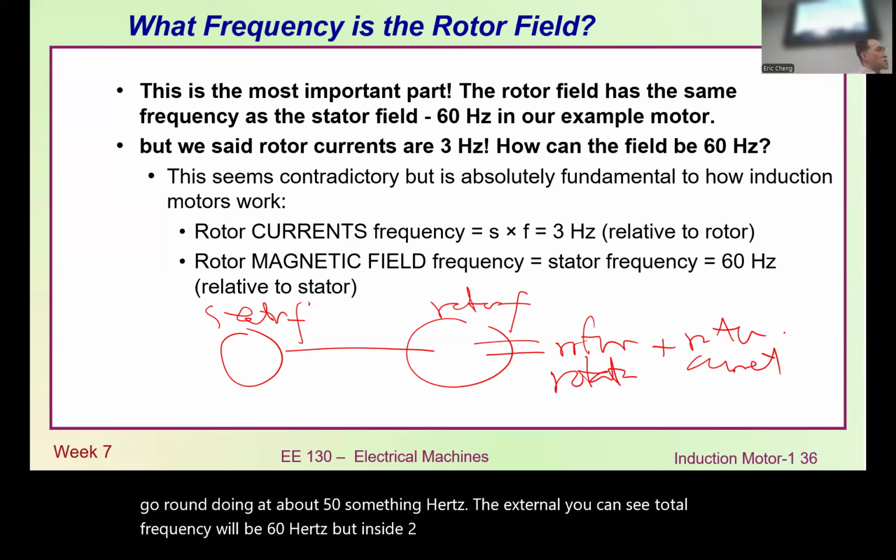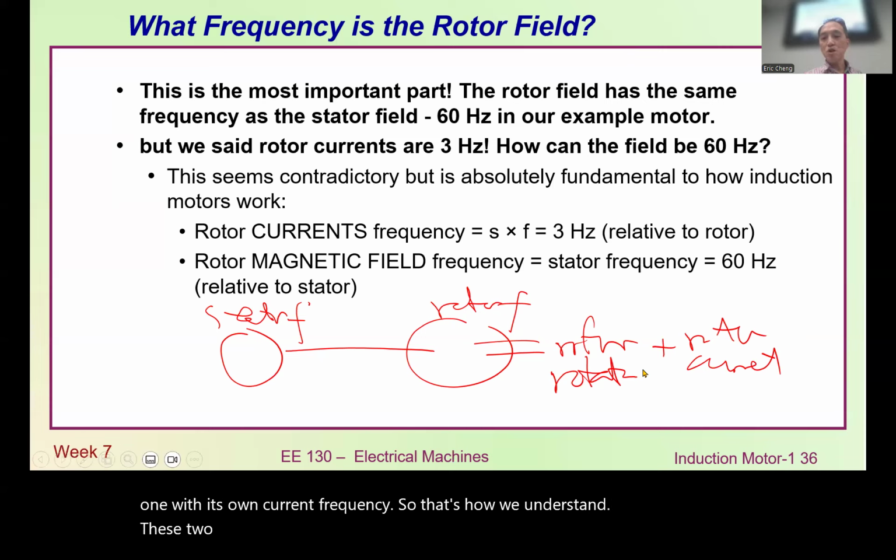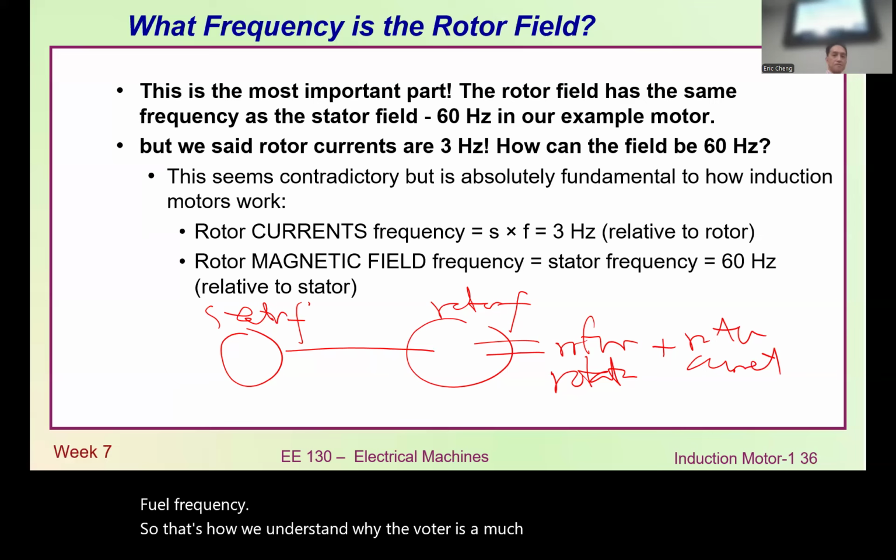One is the rotor rotation, one is its own current frequency. These two frequencies must add together to produce our rotor field frequency. That's how we understand why the rotor has a much lower frequency.